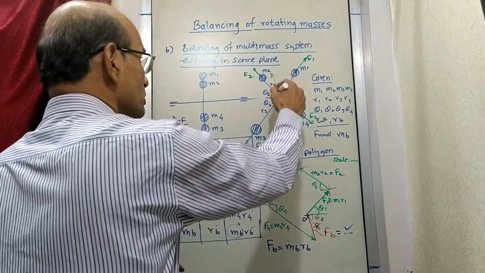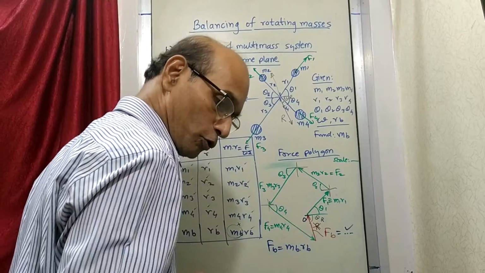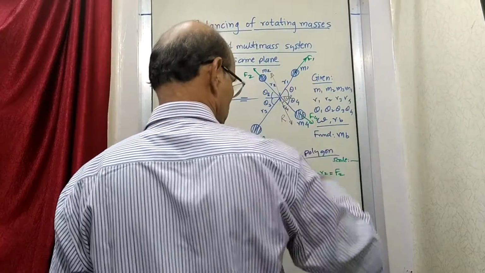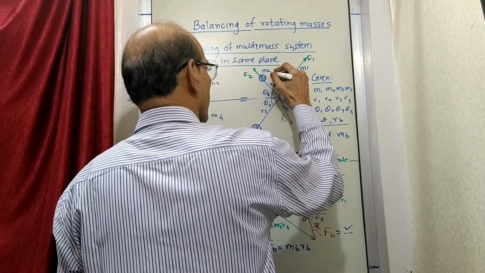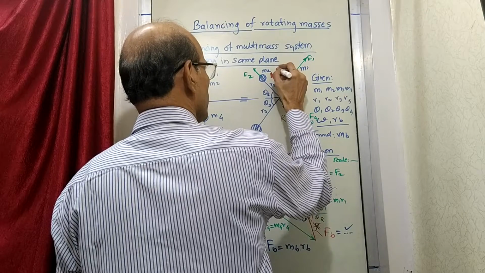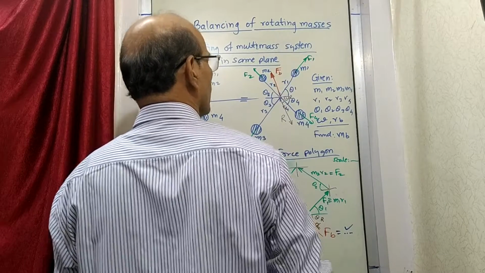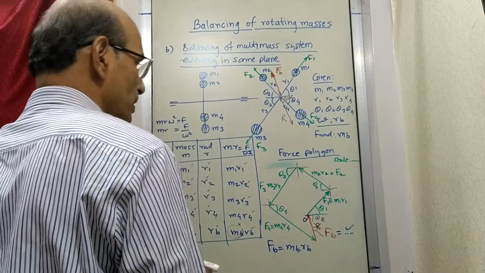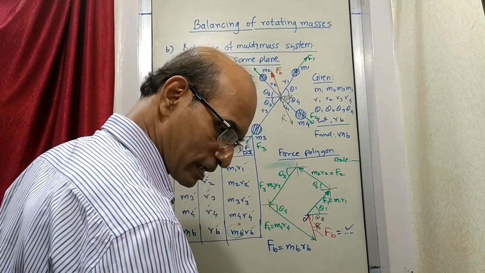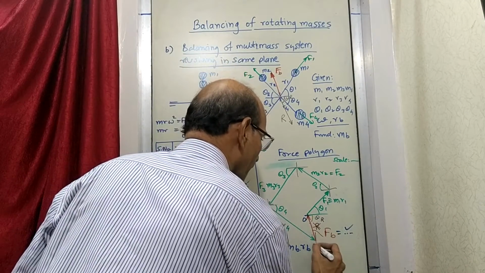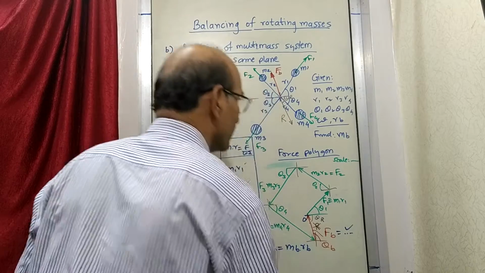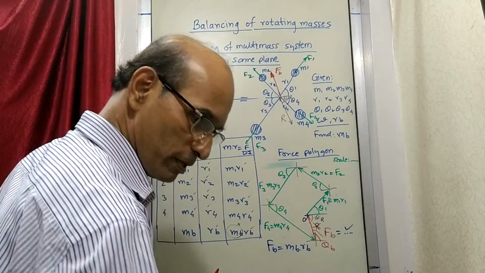So what this shows is, if you show this vector here, how do you show this vector here? Like this. So in this direction, the same angle, this is the FB which you are supposed to apply, and the angle you can measure here with respect to vertical. We can draw the scale axis here again and then measure this angle theta b. In fact, you have to find out MB as well as theta b.